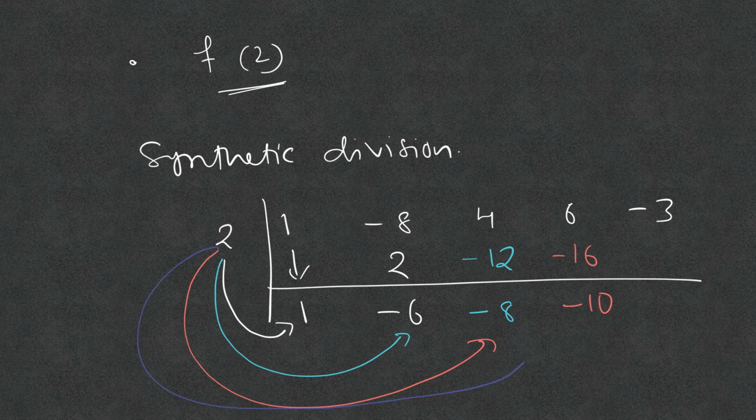And finally multiply 2 with negative 10, place it under negative 3, and add them to get negative 23. This last number is the remainder.